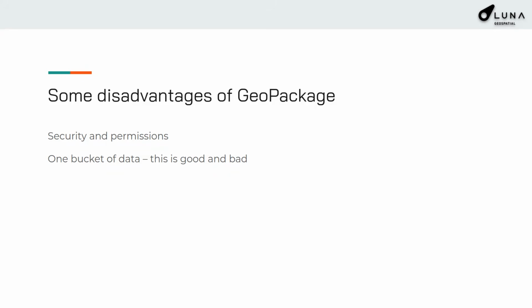And then there might be a parks and rec schema, and I'll throw parks and park benches and whatever else is in a park in that schema. And it's just a nice way of organizing your data. Well, you can't really do that with Geopackage. Geopackage is the bucket where you're going to throw all your data. So the solution there is, well, maybe let's create different buckets of Geopackages for different stuff. That's great until you want to run a query between them. And that's not possible, to my knowledge.